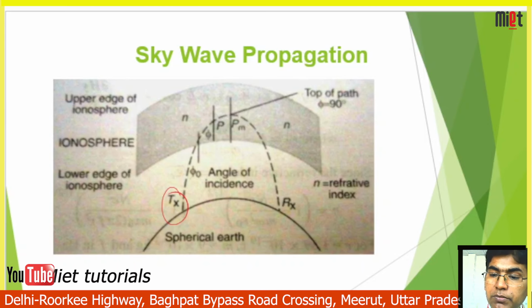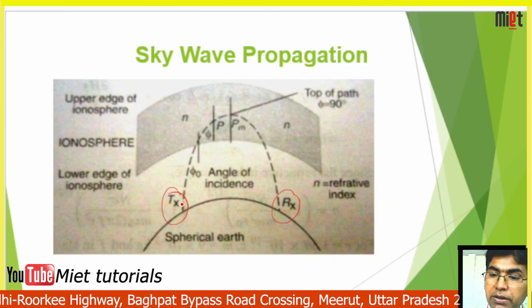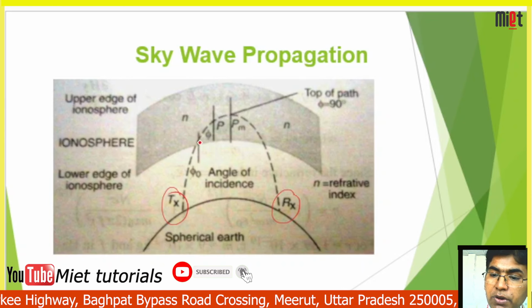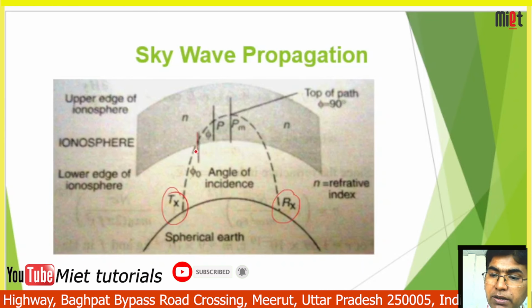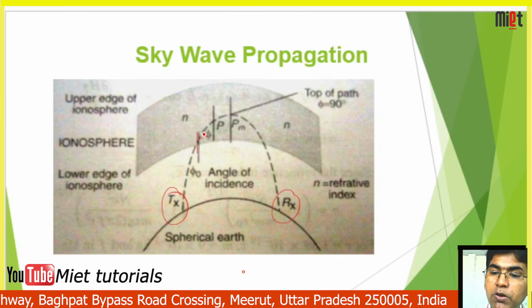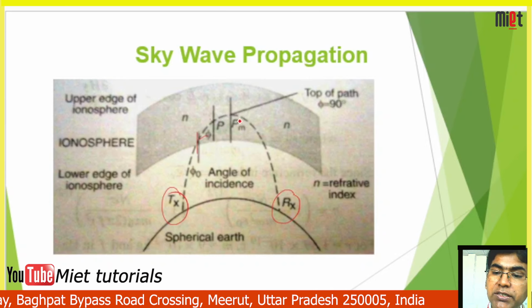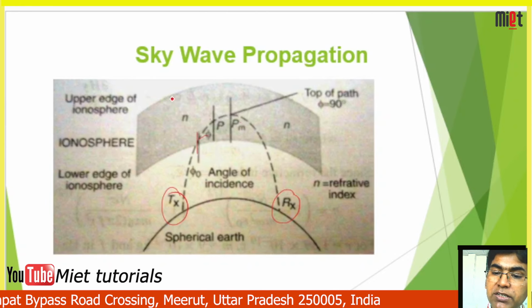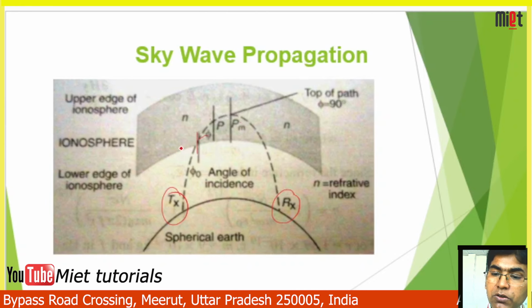When the wave is being transmitted, it enters into the ionosphere. In the ionosphere, it is turning away from the normal. You can see that the wave is bending, turning away from the normal. This is because the ionosphere has a lower density of atoms on the upper side and a higher density of atoms on the lower side.